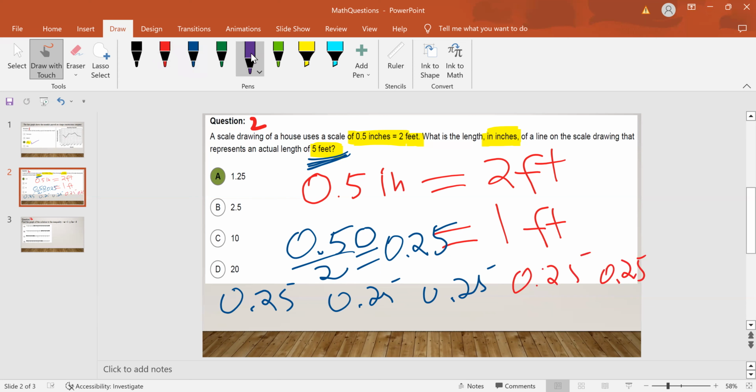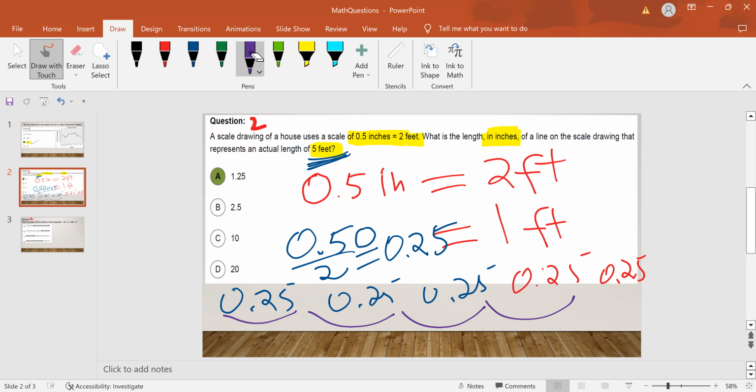Okay, understand it. 0.25 added to another 0.25 gives you 0.50. It's like a quarter added to a quarter gives you 50 cents. Okay, so you add another 0.25, that gives you 0.75, which is 3 quarters. You add another 0.25, that gives you $1, which is 1. So if you have 25 cents 4 times, that gives you $1.